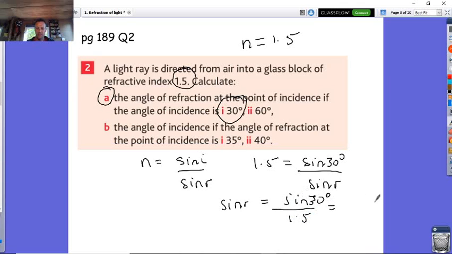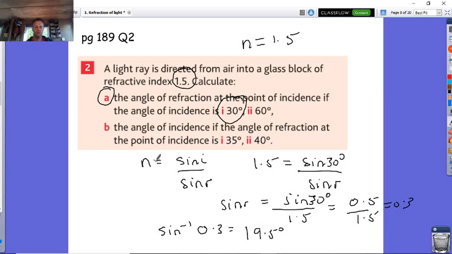Sine 30 is 0.5, divided by 1.5. When you do that in your calculator, you get 0.3, and then you need to do sine to the minus 1 of 0.3, and you get about 19.5 degrees.